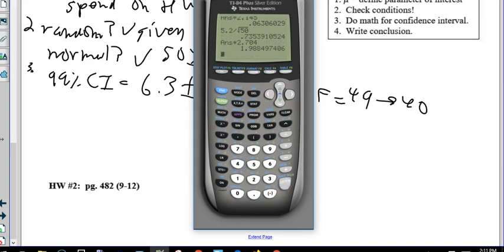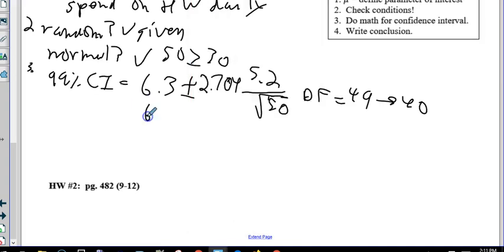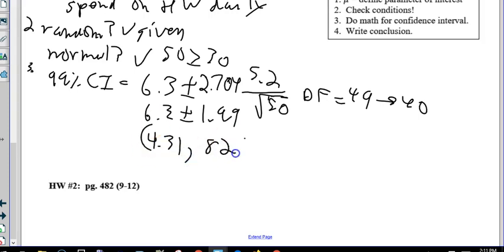And that gives us 1.988, so that's 1.99. So our range is 6.3 plus or minus 1.99. So if we subtract, we get 4.31 up to 8.29.